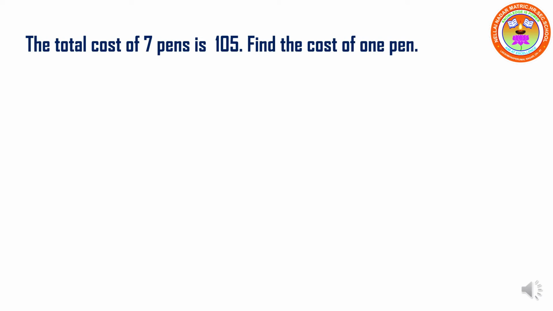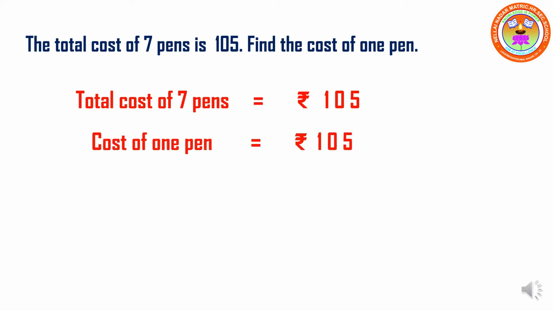So the concept which we are going to use here is division. Shall we begin, children? Yes. Now, total cost of 7 pens is equal to 105 rupees. Cost of 1 pen is equal to 105 rupees divided by how many pens? 7. So we are going to divide 105 by 7.